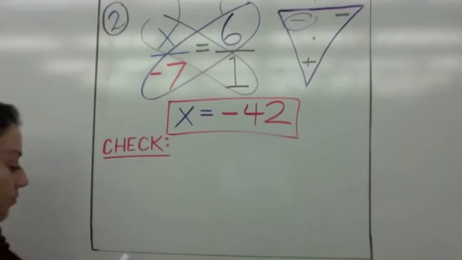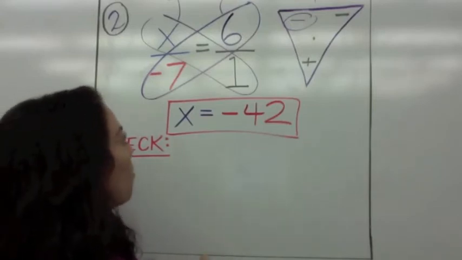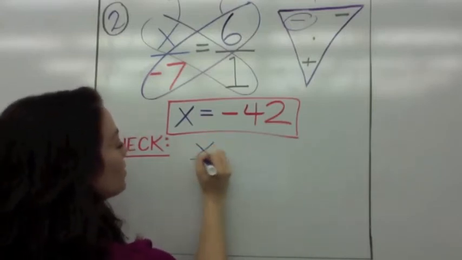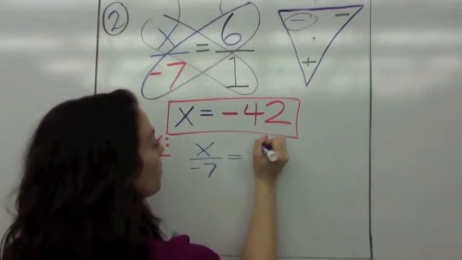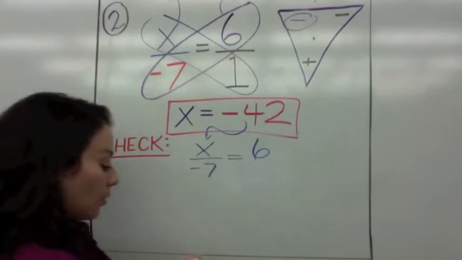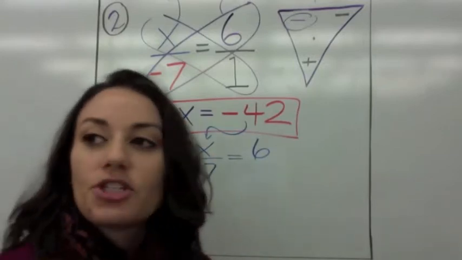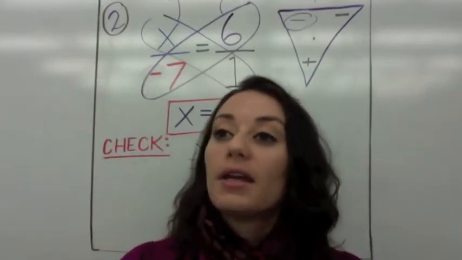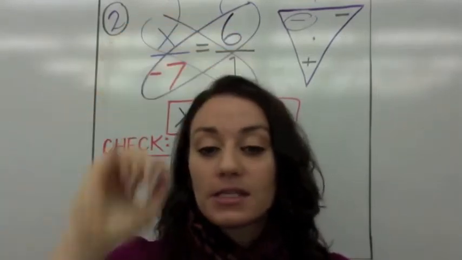So let's check to see if we are right. If we write the original equation, it says x divided by negative 7 gives you a positive 6. So we put negative 42 in the place of x. Substitution. Remember what substitution is? Putting a number in the place of a letter.